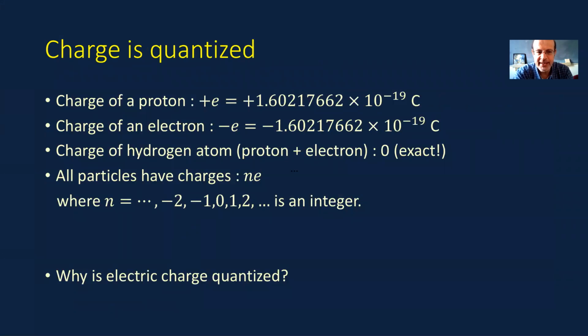The second one is that the charge is quantized. Basically it means that the charge of every particle is an integer multiple of a fundamental charge unit. We can actually see it for the case of the charge of the proton and the electron.